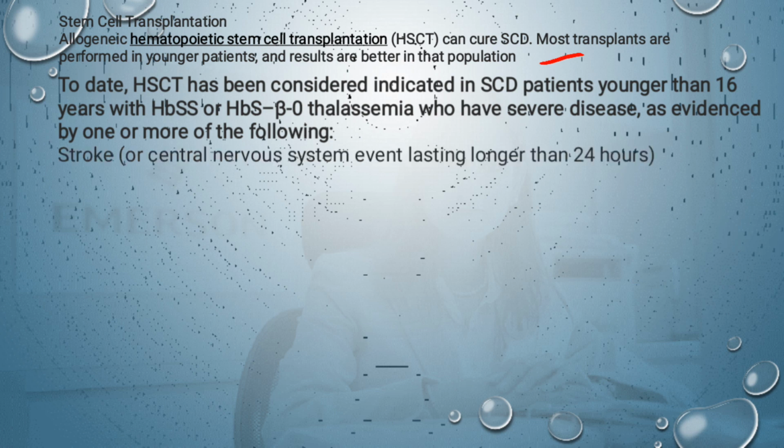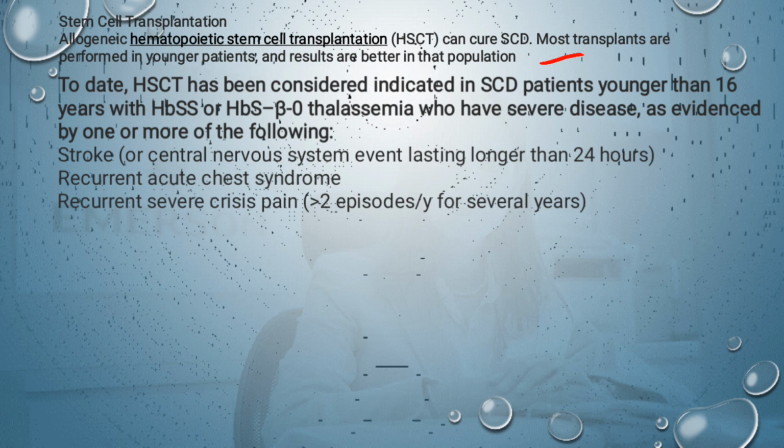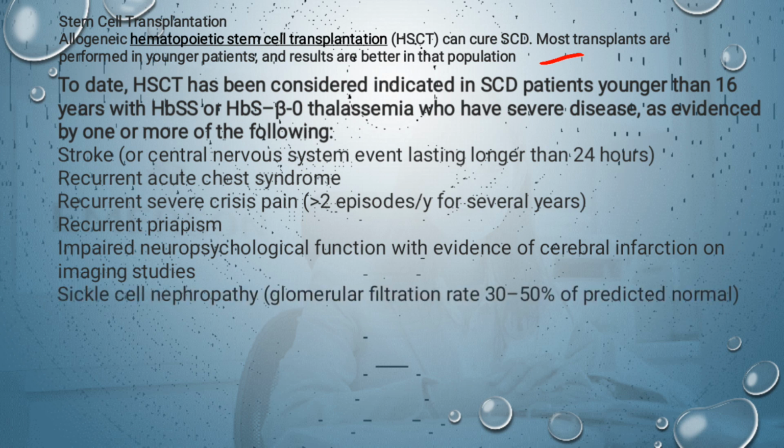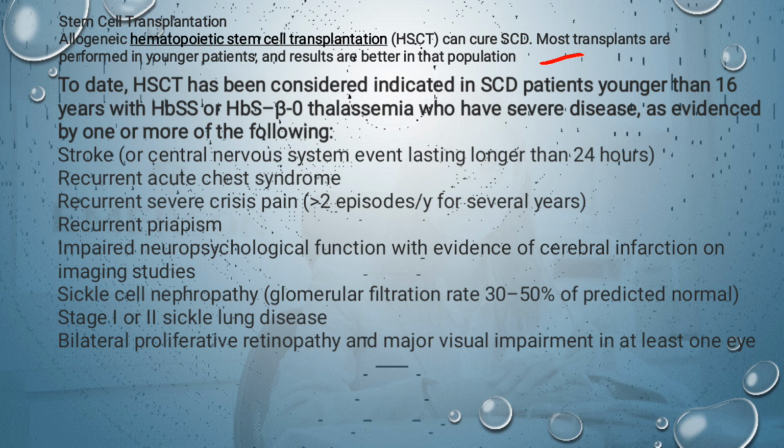So if they have stroke or a central nervous system event lasting longer than 24 hours. If they have recurrent acute chest syndromes, or recurrent severe crises, more than 2 episodes per year for several years. Then recurrent priapism, impaired neurological function with evidence of cerebral infarction on imaging studies, sickle cell nephropathy, stage 1 or stage 2 sickle lung disease, bilateral proliferative retinopathy, and major visual impairment in at least one eye.